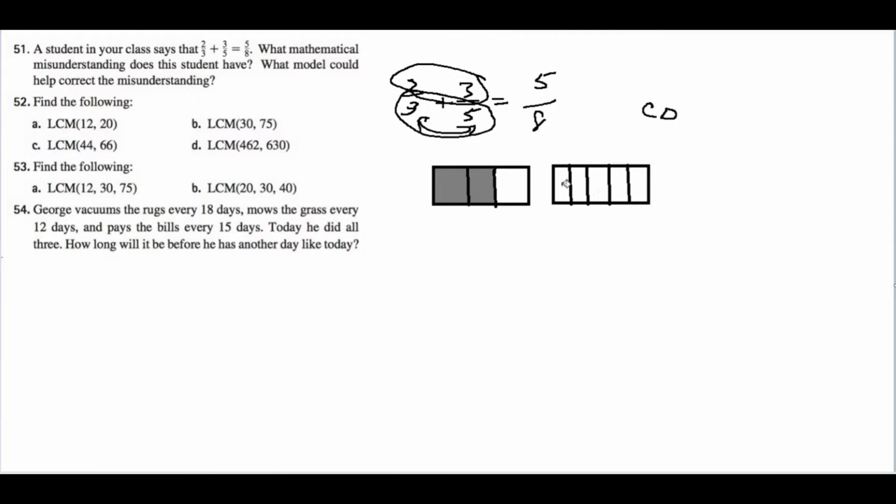But you'd have 2/3 and you'd have 3/5, and at that point you could look at the 3 and the 5.